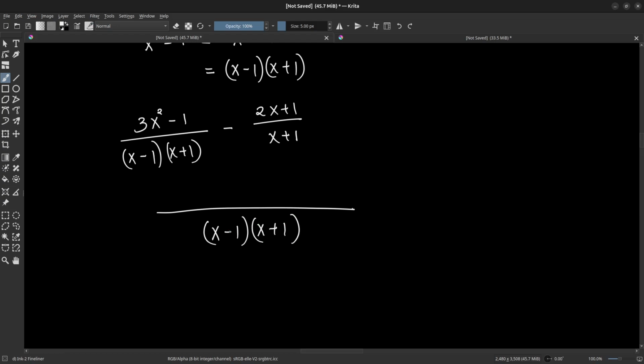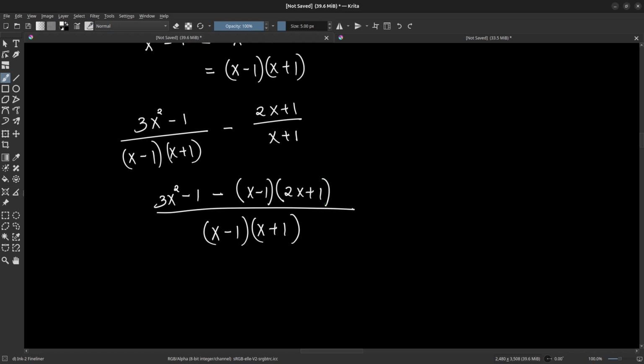This expression divided by itself gives us 1, and 1 times the numerator is still the numerator, 3x squared minus 1. Then minus this expression divided by x plus 1: the x plus 1s cancel out, and we are left with x minus 1, and then times 2x plus 1.